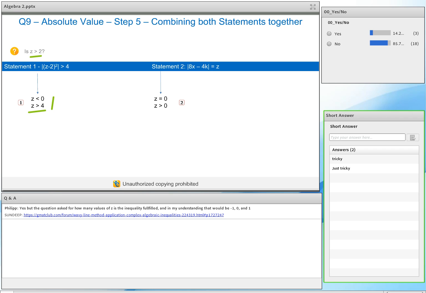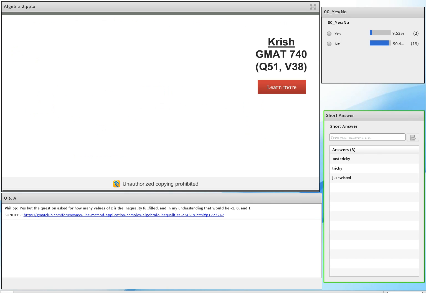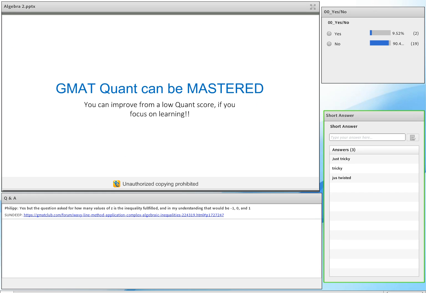You need to know how to apply the concepts, right? You just have to apply those concepts really very well. Frankly, GMAT Quant can be mastered, okay, very easily as long as you focus on the right things. That's very important, okay. You can improve from a low GMAT score to a high GMAT score if you focus on learning the right things.